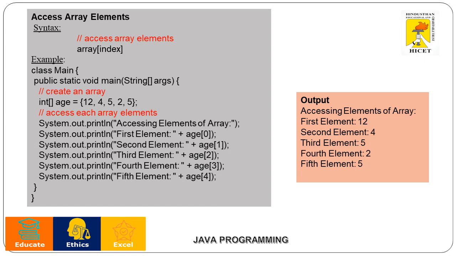So this will print the element stored in the first index, that is second element 4. Next the output statement will be third element 5, next fourth element 2 and next fifth element 5. So using index value we can directly access the array variables.